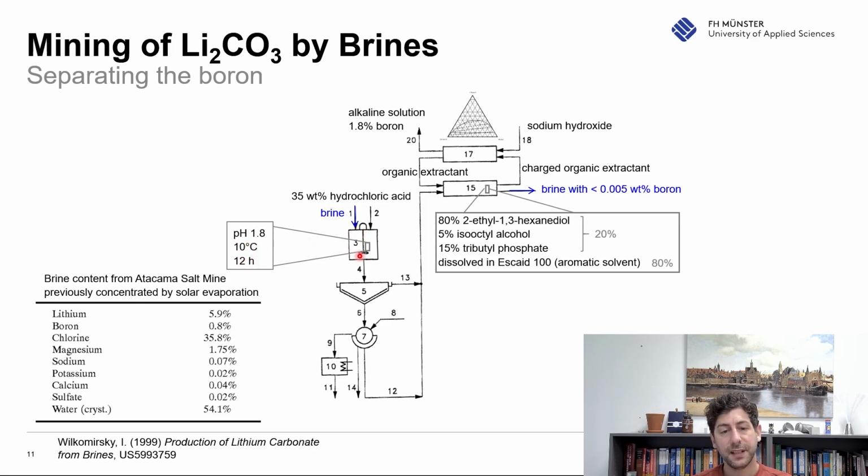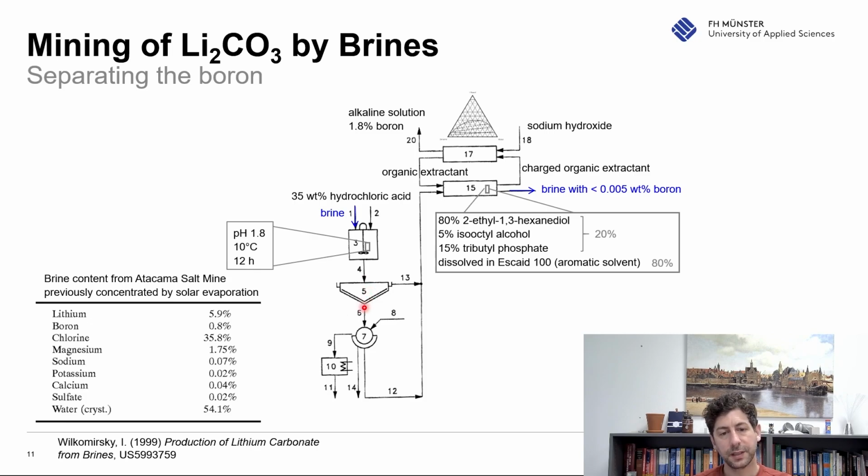And then 71% or around 70% of the boron will precipitate as boric acid. So we will get boric acid particles in here. And these boric acid particles we put into this settling tank here, or thickening tank. And in the thickening tank we just wait, and then the boric acid particles just settle down.